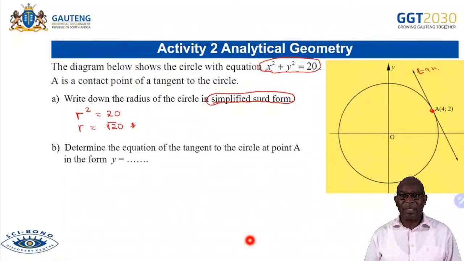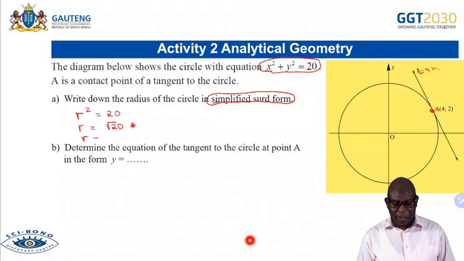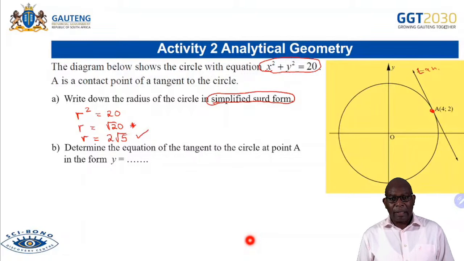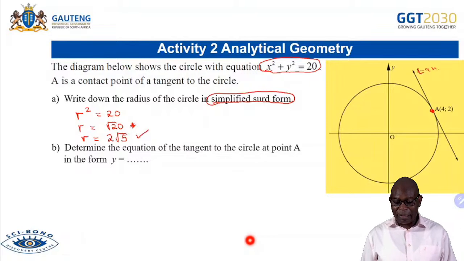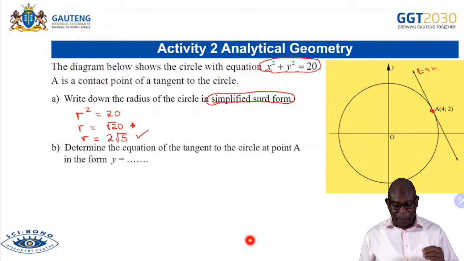If they just say write down the radius of the circle, we can leave our answer there. But once they say simplified surd form, they want us to write it as 2 root 5. And that's where you get your mark. If you leave it at square root of 20, you have not answered the question that they gave. So let's read the question, understand the question, and write down the correct answer.